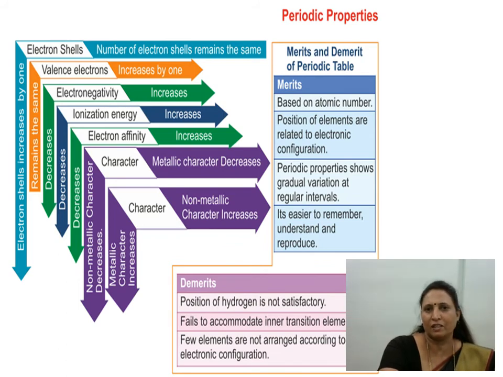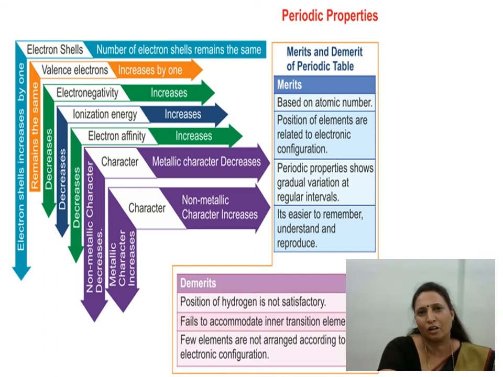Now, the merits: the periodic table is based on atomic number, and the positions of elements are related to electronic configuration. Periodic properties show gradual variation at regular intervals, hence they are called periodic properties, and are easier to remember, understand, and reproduce.